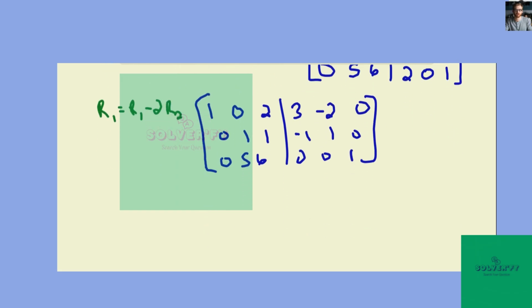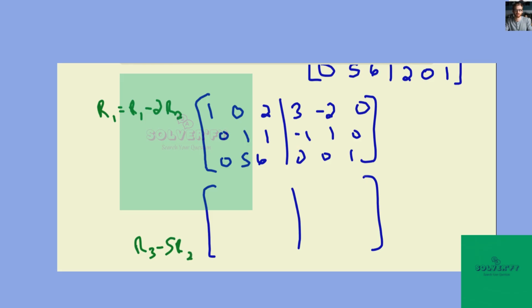All right, now let's get a 0 below in row 3. So let's get a new row 3. Let's do row 3 minus 5 times row 2.